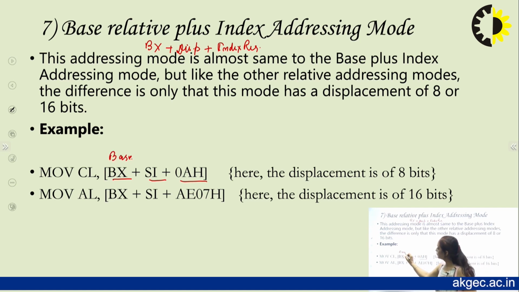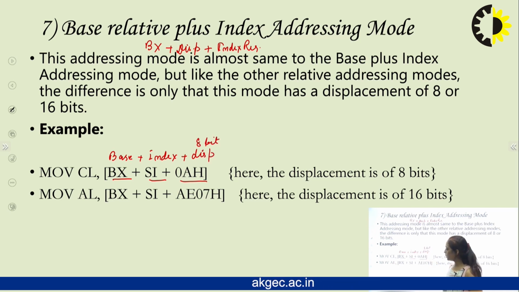Base plus index plus 8-bit displacement, right? Here we can see that byte movement will be there, because your destination is capable of storing 1 byte only.